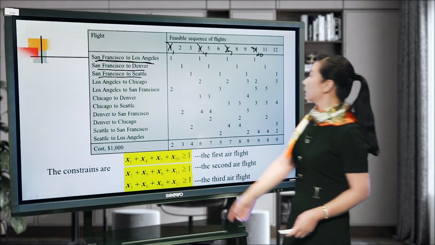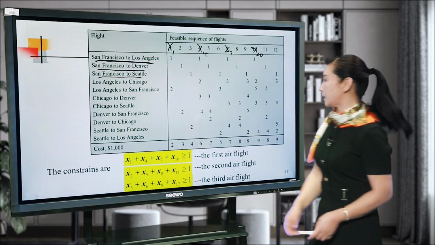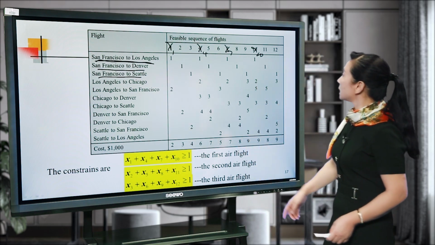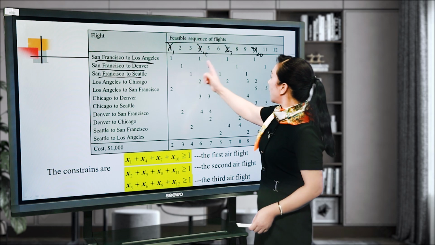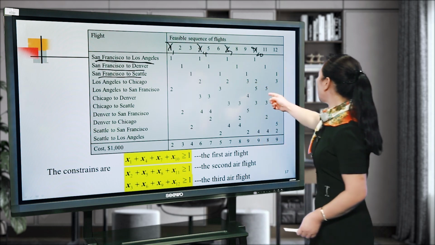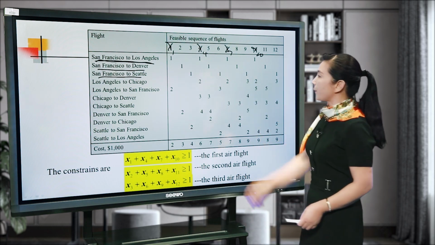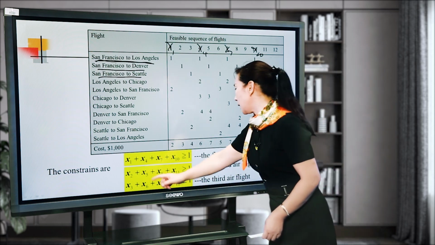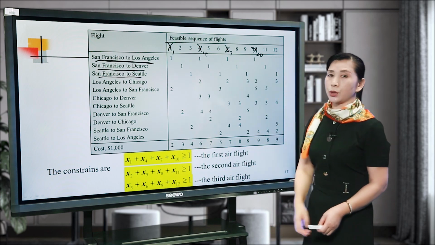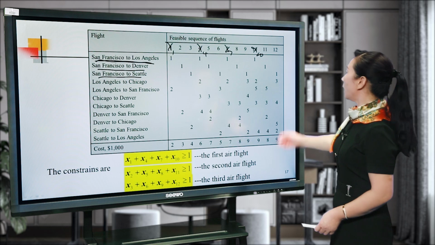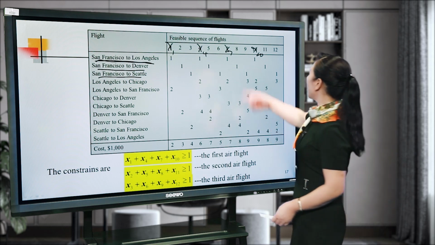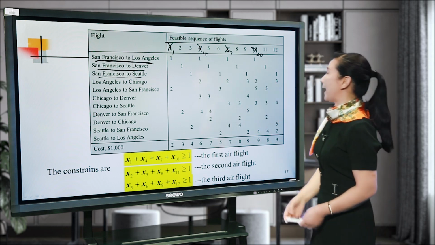And the third flight is x3, x6, x9, and x12 can cover it. So we sum it and it is greater than or equal to 1, and so on. And these numbers are the order of flights.